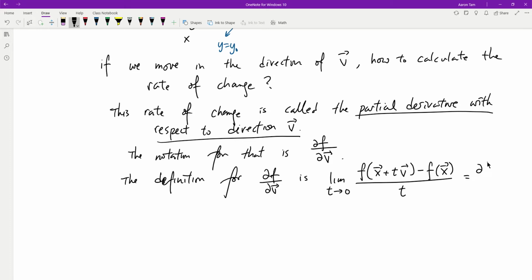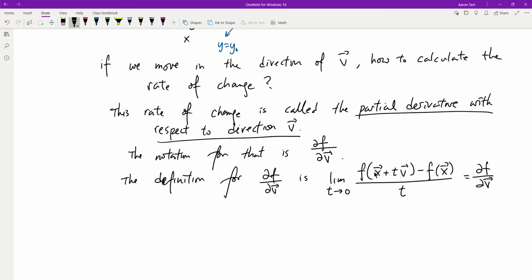And that equals df over d vector v. Notice the expression looks strangely similar to our definition of a regular derivative, except that we don't have plus h, but we have plus t times vector v. The idea here is that if I take a position vector x and move slightly in the direction of v, and use it to calculate the slope, what would the slope be?